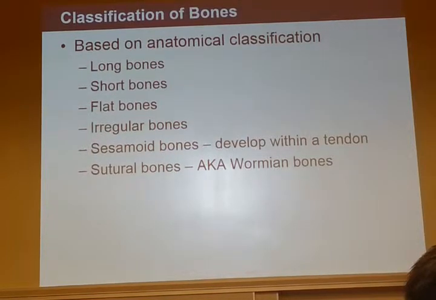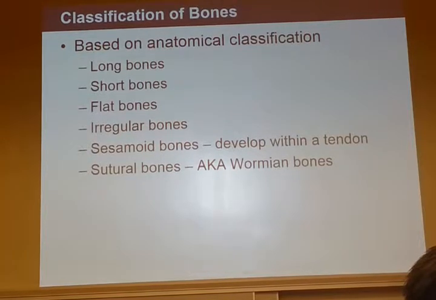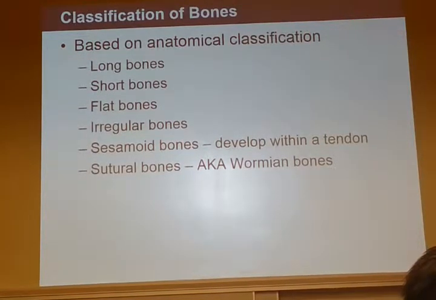For example, your scapula, very flat, but then it's got, I'm going to say olecranon, that's wrong, acromion process and a coracoid process and a spine, so it's irregular. We've got the temporal bone that is flat, but then it has this long process that comes forward, so it's stuck in the irregular bone category.